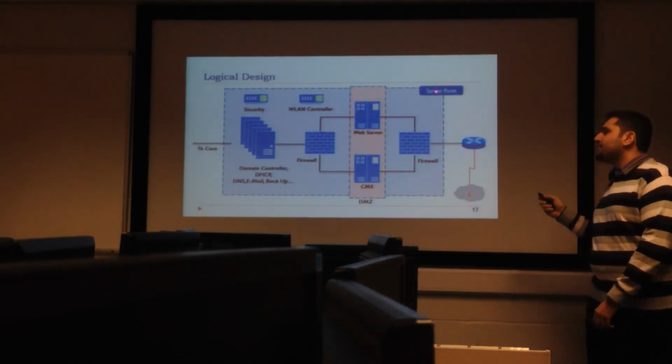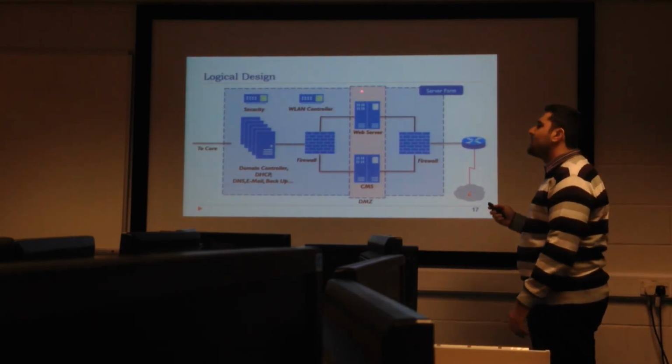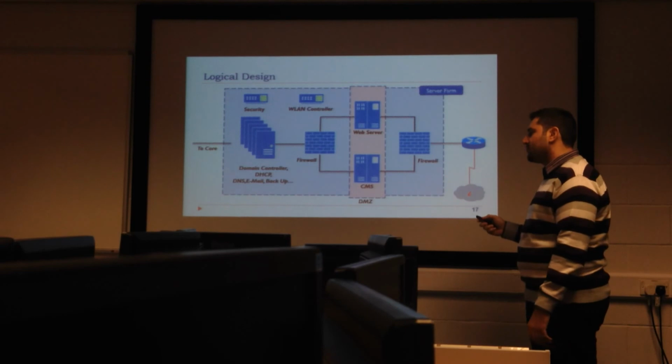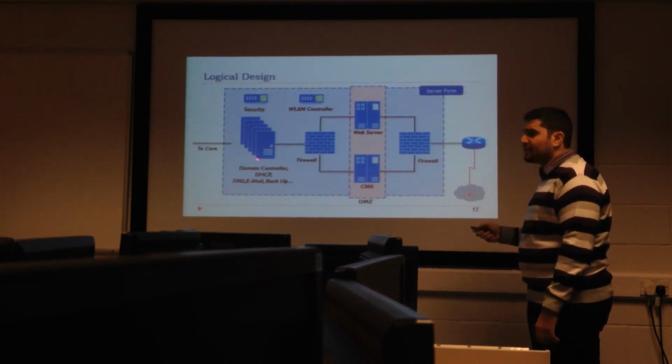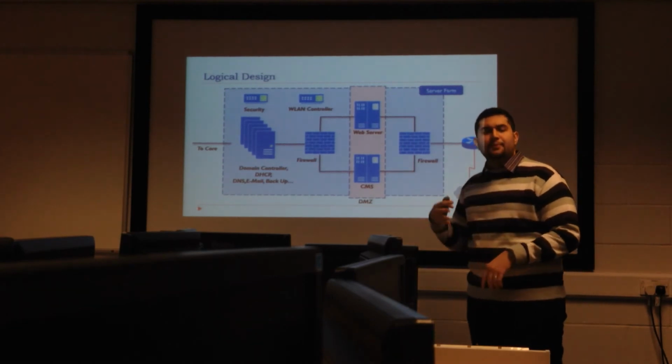In the server farm that I mentioned earlier, we have some security servers and a wireless LAN controller for the wireless. We'll have multiple servers such as domain controller, DHCP, DNS, and email backup.